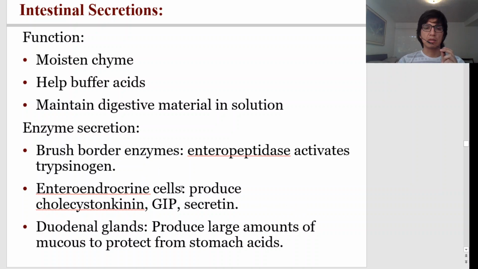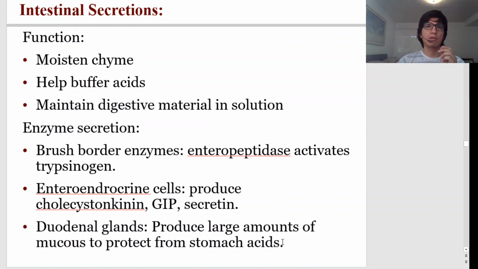You also have these other cells, enteroendocrine cells, producing cholecystokinin, gastric inhibitory peptide, and secretin. Duodenal glands themselves produce a large amount of mucus in order to protect the duodenum from the incoming chyme.